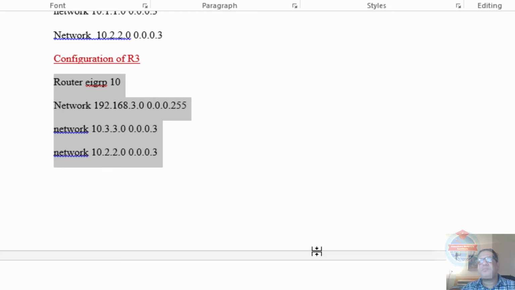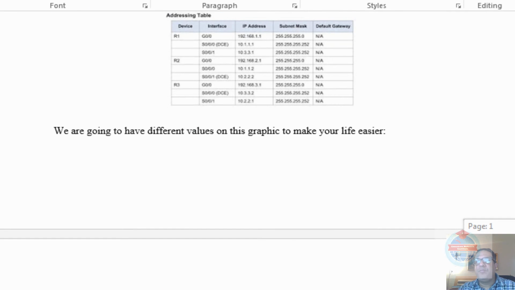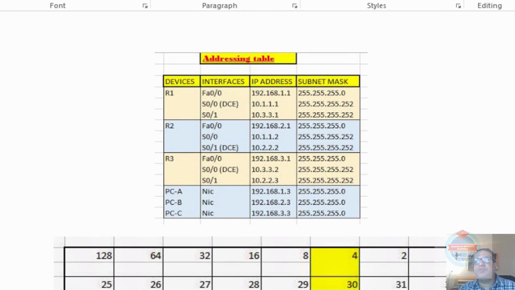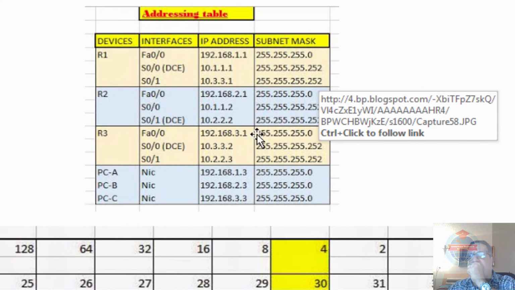So right now, we're going to verify the connectivity over here. Give me 2 seconds, guys, and I'm going to explain how to do this. We should ping each other. From R3, I'm going to try to ping 10.1.1.2.